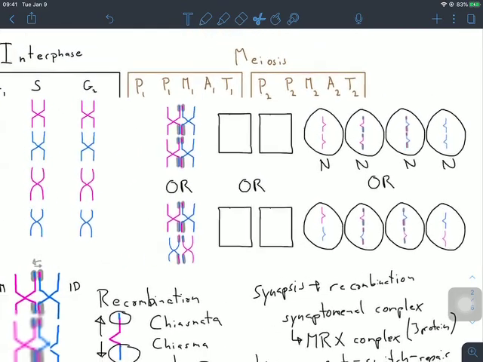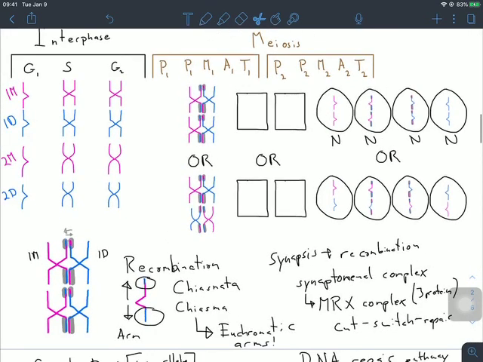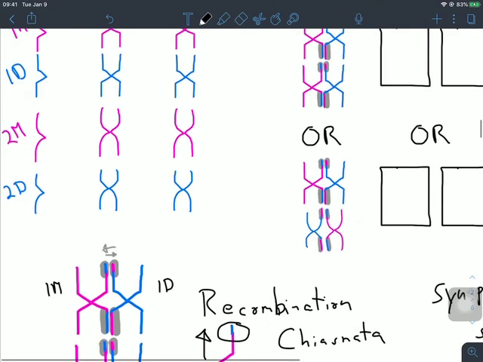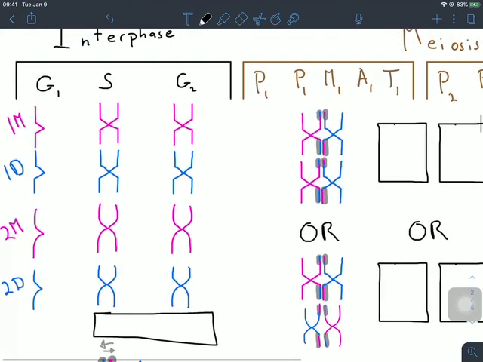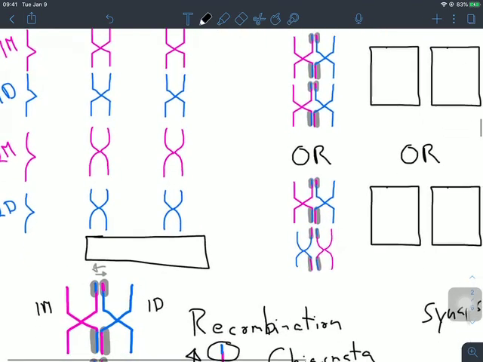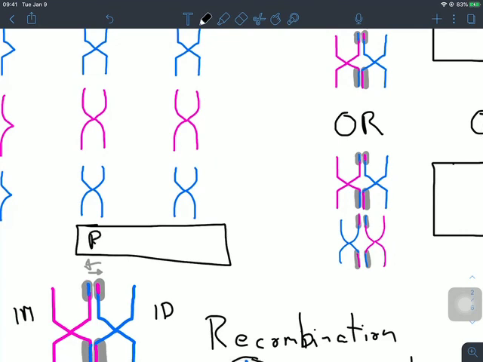Now, as we mentioned before, you are getting, on average, one recombination event per chromosome arm per meiosis. So there's a lot of recombination happening in the human genome. The recombination itself will usually occur during the time frame of S and G2. So this is your recombination window.